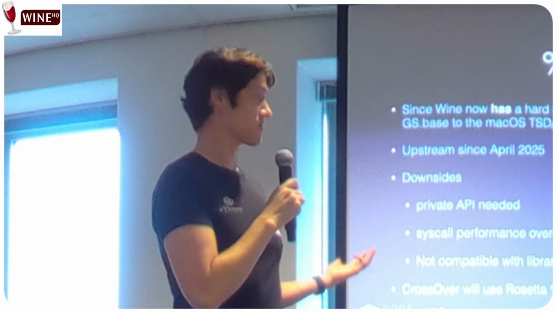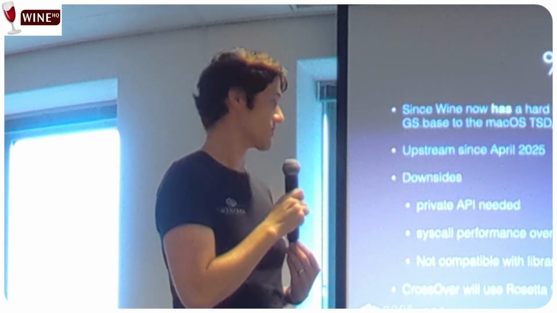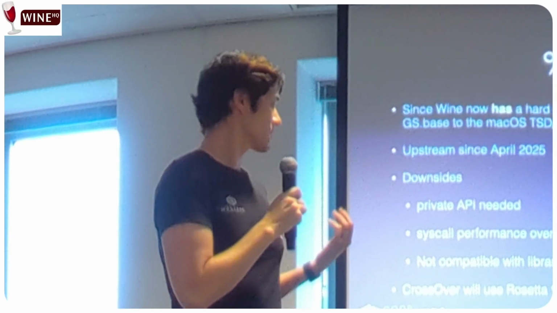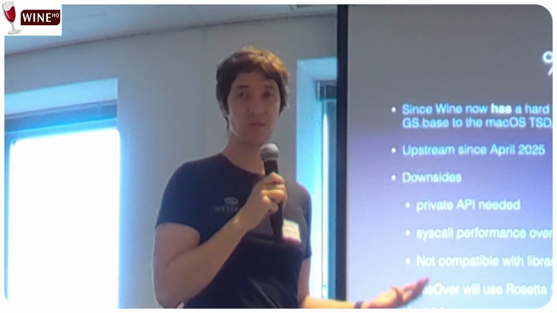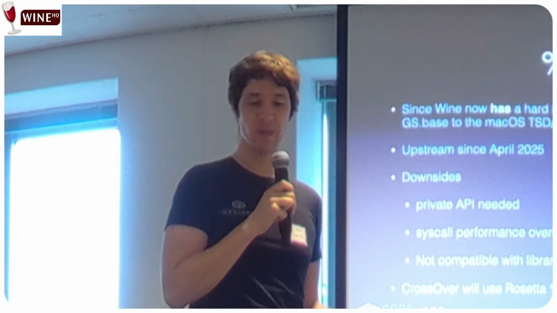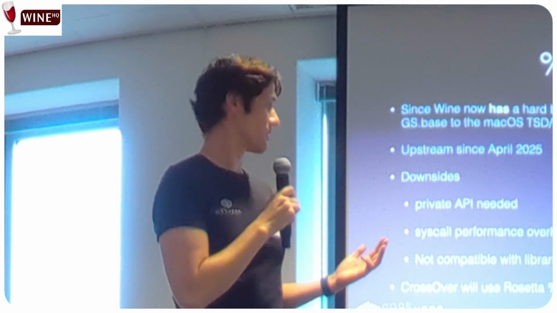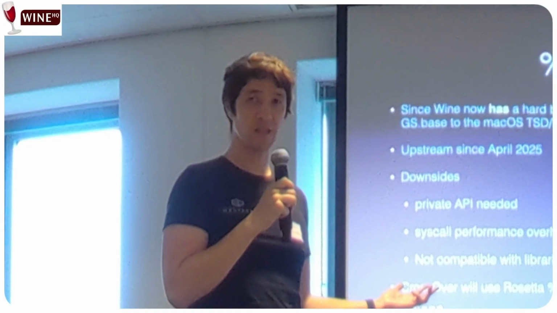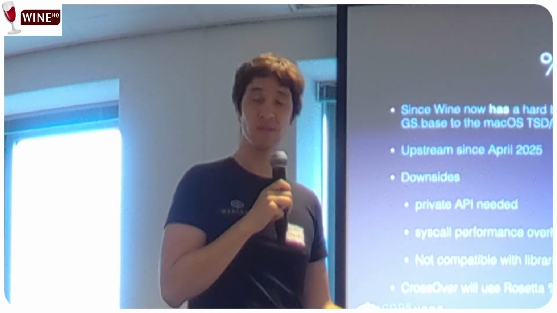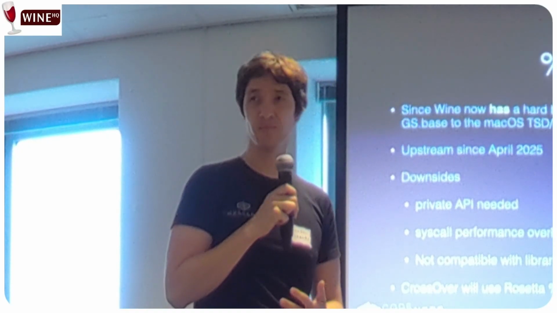So upstream Wine is not compatible with D3D Metal. With CrossOver, because we do support D3D Metal, my plan that I haven't quite gotten to yet is that CrossOver will use the Rosetta GS redirection when it's available, and when it's not, we will set GS space.